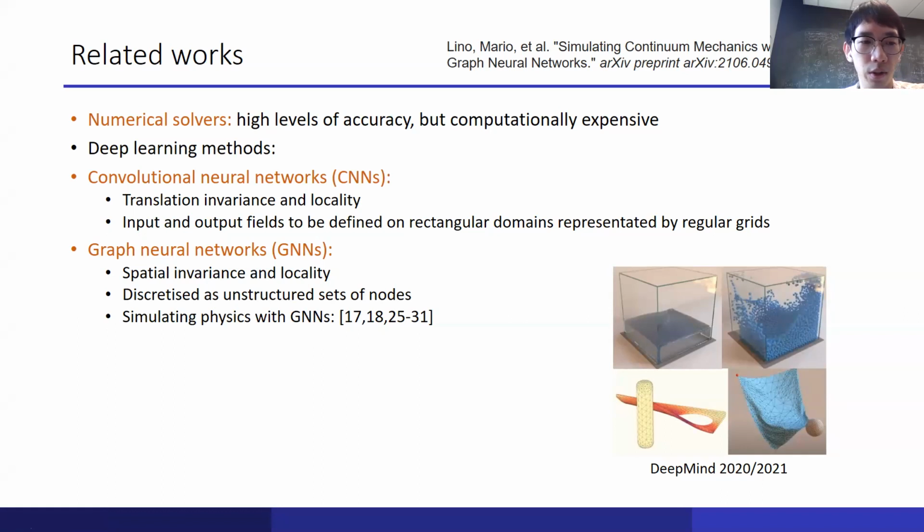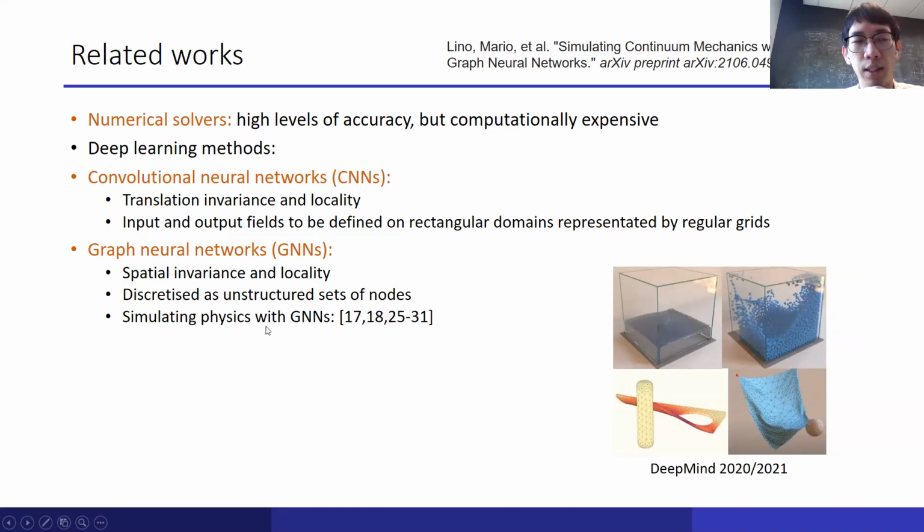On the contrary, graph neural networks are more flexible. A graph neural network can be designed to satisfy the spatial invariance and locality as well, but the domain can be discretized as unstructured sets of nodes.